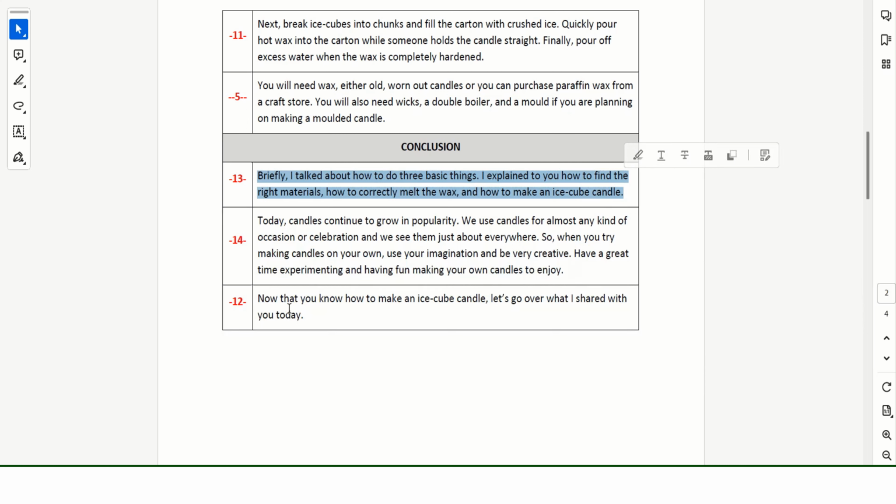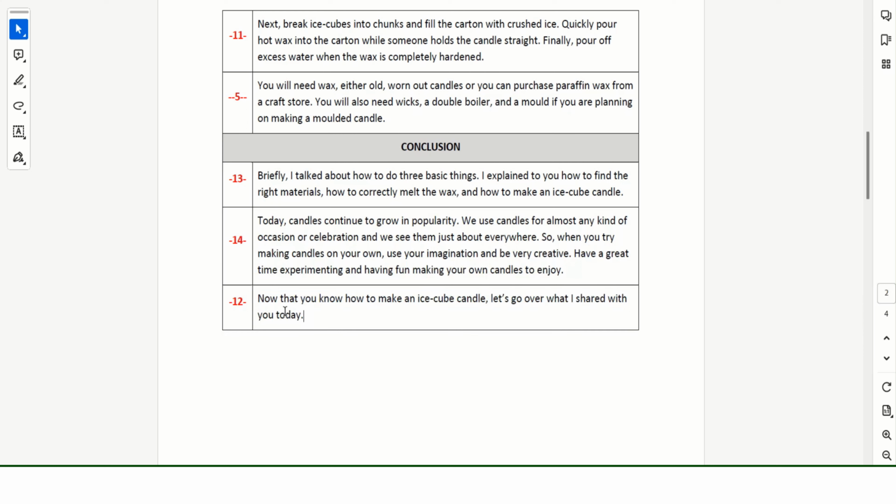Let's have a look at number 12. Now that you know how to make an ice cube candle, let's go over what I shared with you today. So in the earlier paragraph, you have mentioned the processes and everything, and then you go to an indicator of what you are going to sum up at the end of the essay, which is in the conclusion.